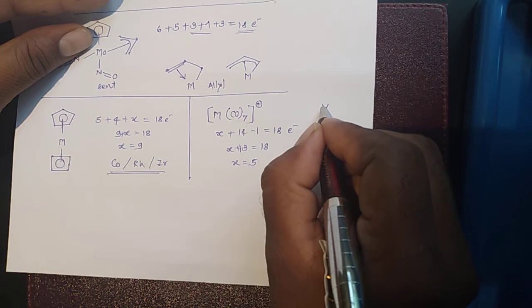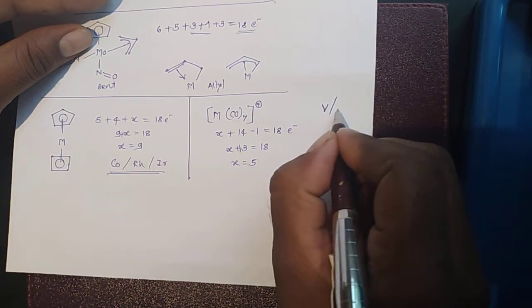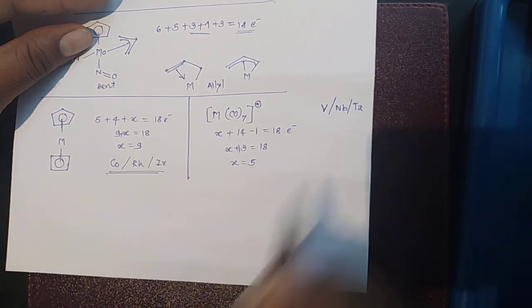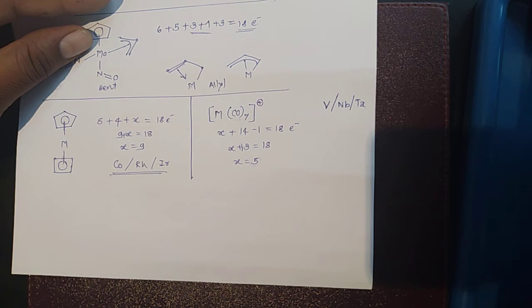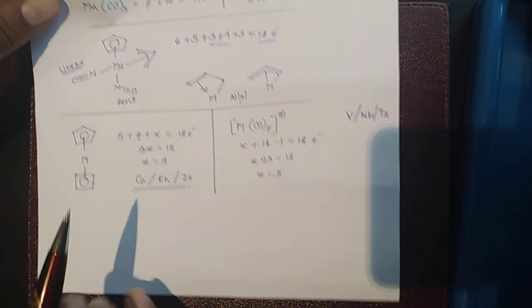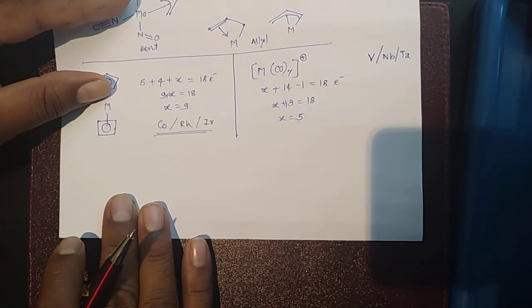So this metal could be vanadium or niobium or Ta, may be technetium or something. Out of these 3 metals, one is here. We'll solve some more examples based on this.